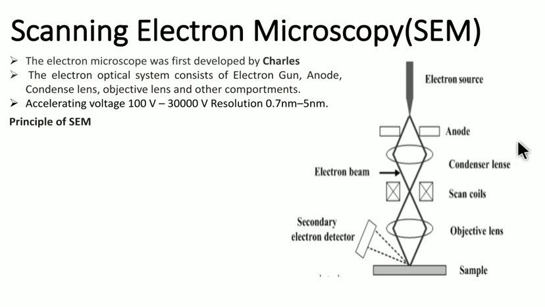Students, a scanning electron microscope consists of an electron gun and optical systems, anodes, condenser lens, objective lens, and other components. The accelerating voltage operates from 100 volts to 30,000 volts. The resolution of the microscope is 0.7 nanometer to 5 nanometer.